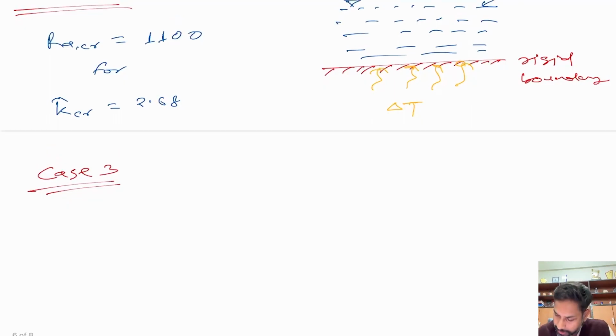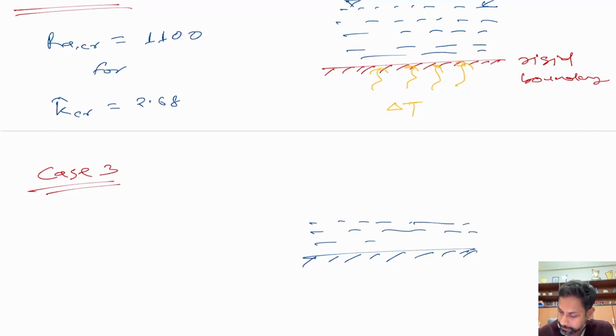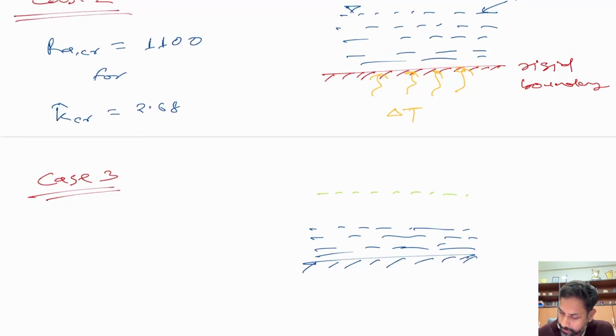where we assume that, let's consider this is the solid boundary which is there, and then this is filled with some sort of fluid, but then there is another layer of fluid.